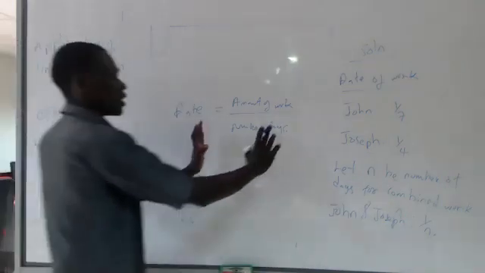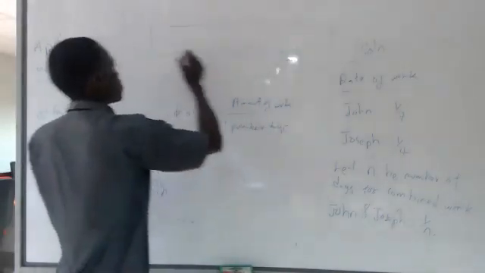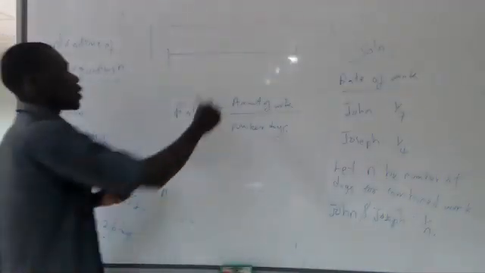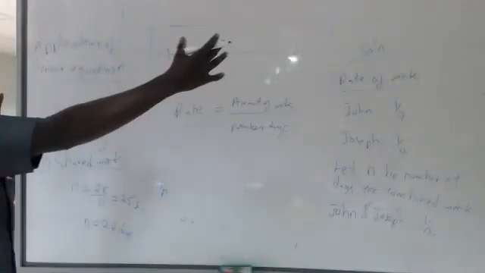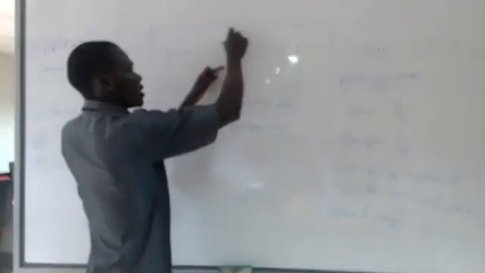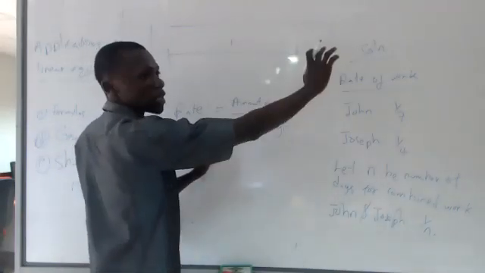But for this case, let's say you have a piece of work to be done, then you give it a 1. The whole amount of work is 1. So the rate will be this 1 divided by the number of days that someone takes to complete the whole task.